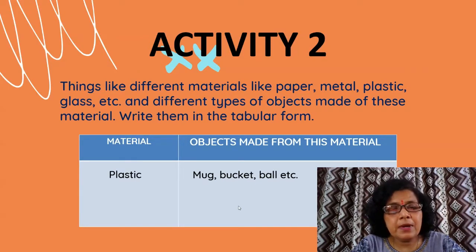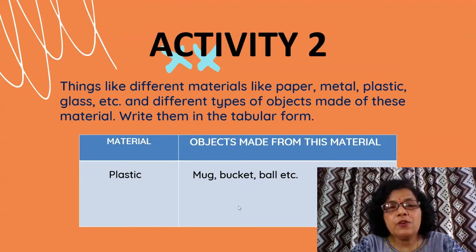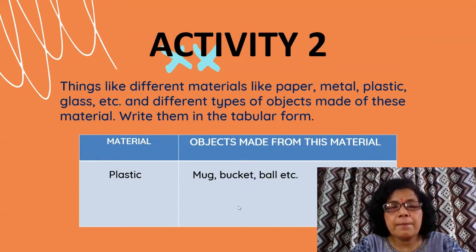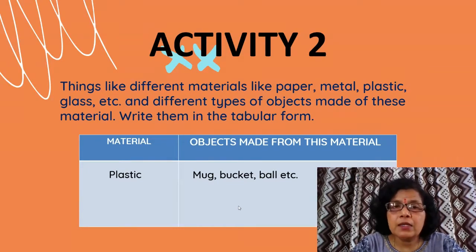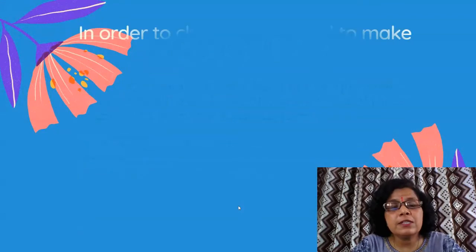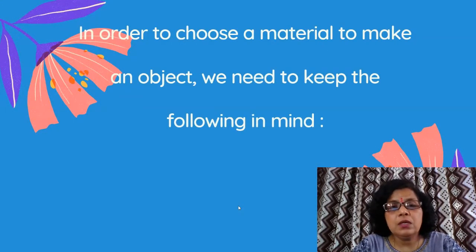So first, as an example, I have written plastic, and in front of it I have mentioned few examples made up of plastic like mug, bucket, ball, etc. The same way you can also write materials, paper, metal, glass, rubber in the first column, and in front of it you will list few objects which are made up of that particular material. Till now you have got an idea how can we classify objects based on their properties.